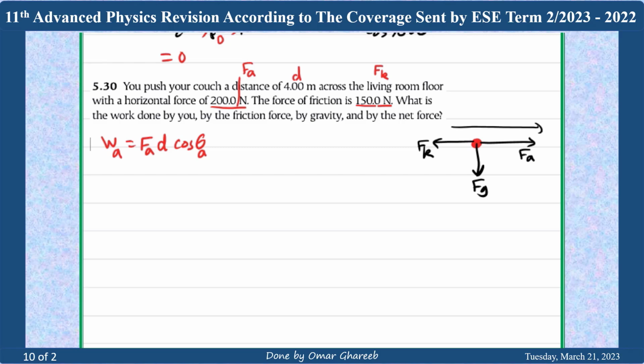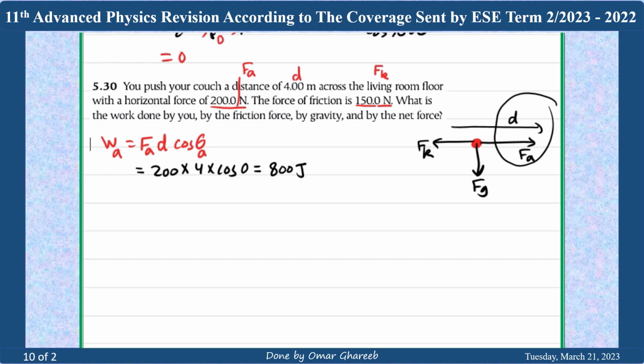And this is the motion. This is D. Now, what is the force of me? It is 200 times D, 4, times cosine. The angle between my force and the distance is 0 since they are in the same direction. So the answer is 800 joules.